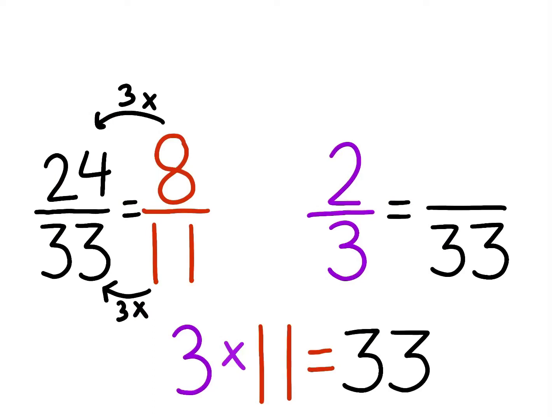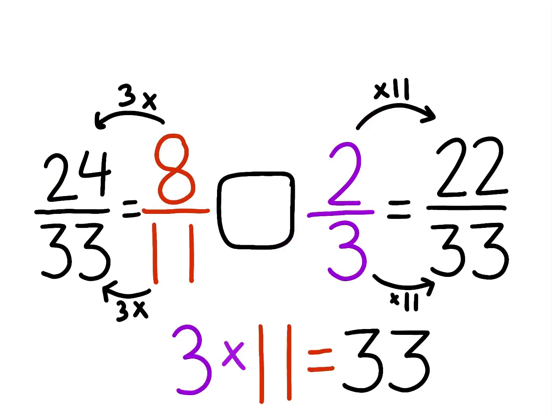Let's start with 8/11. Our denominator 11 multiplied by 3 gives us our new denominator of 33. Our numerator of 8 is also multiplied by 3, giving us a new numerator of 24. For 2/3, we multiplied both the numerator and denominator by 11. That gives us a new fraction of 22 over 33.